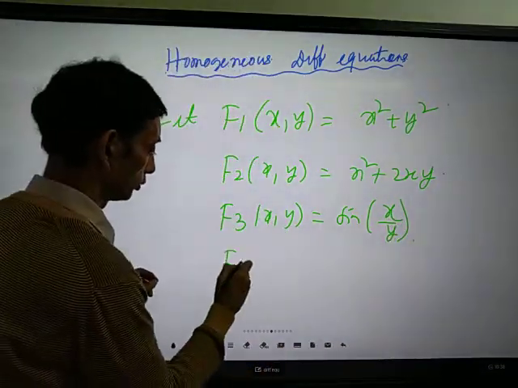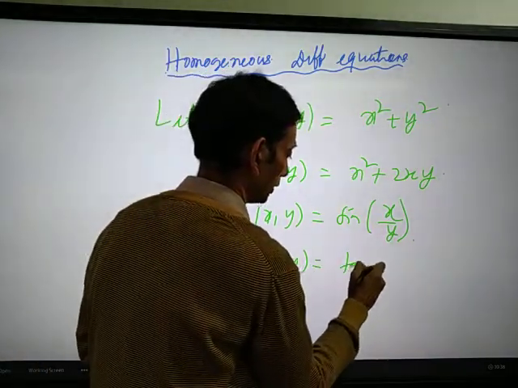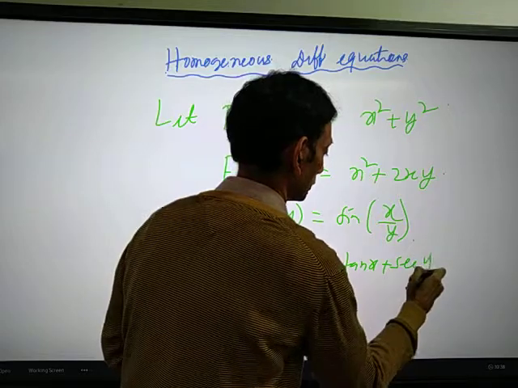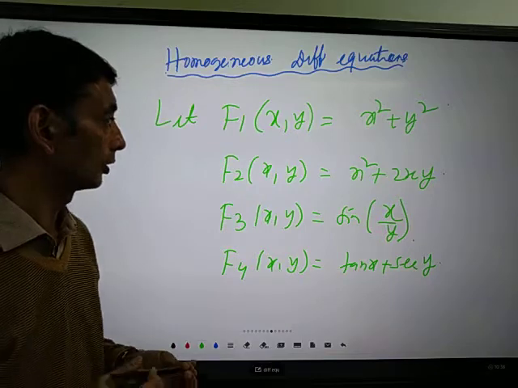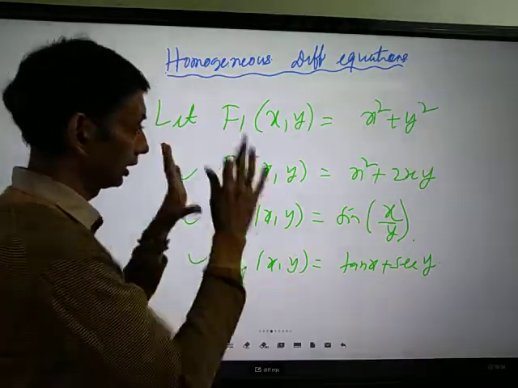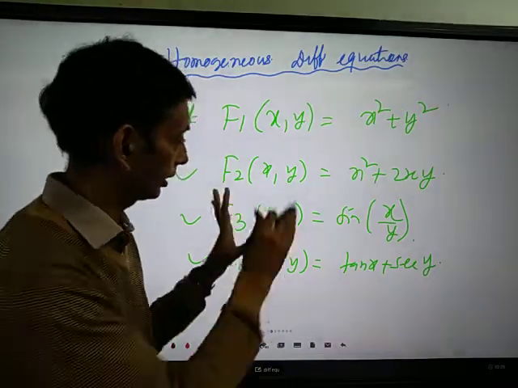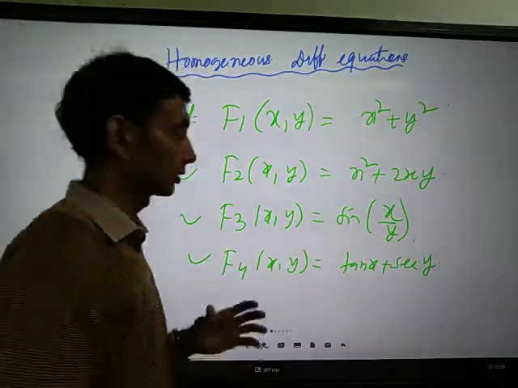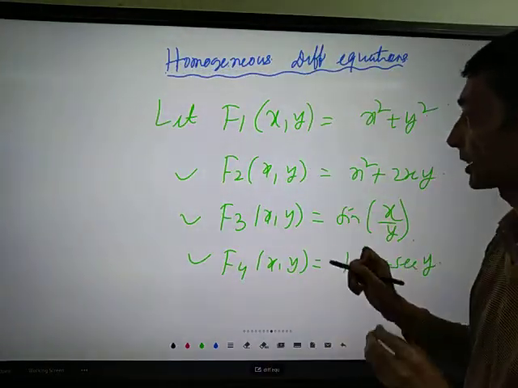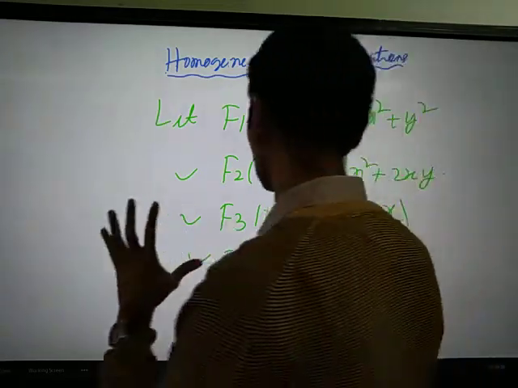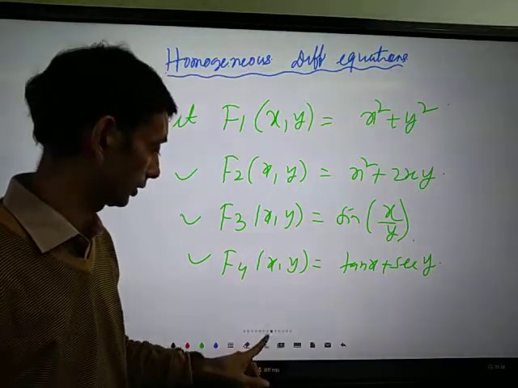Then f4, 10x plus sec y. Let us take these four different functions. What we are going to do is replace x and y by lambda x, lambda y. First let me make that change, then I'll discuss the concept of homogeneous function.